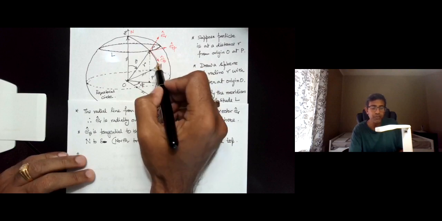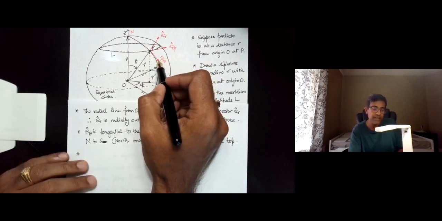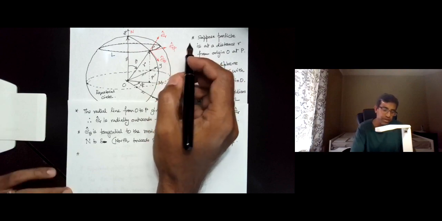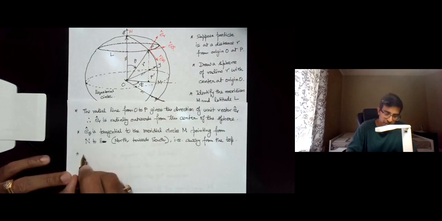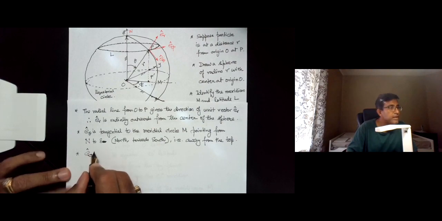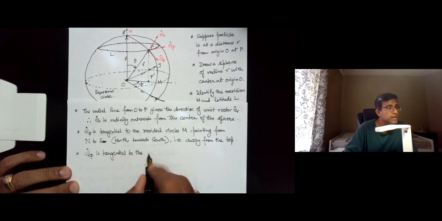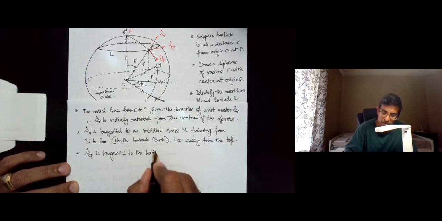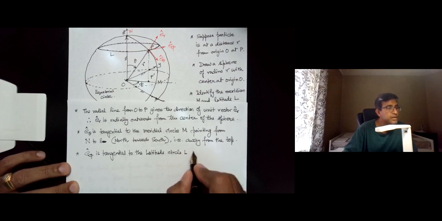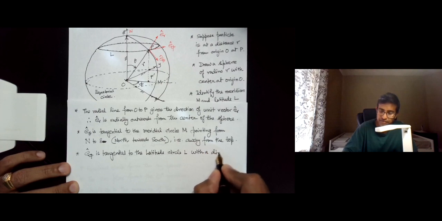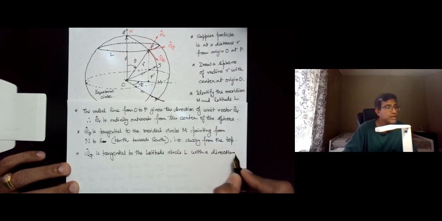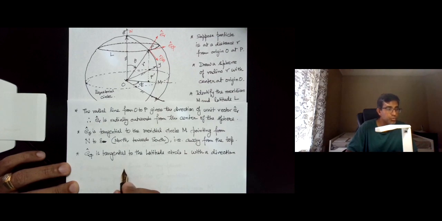So then E phi is also perpendicular to E theta. So therefore E theta, ER, E phi are 3 mutually perpendicular unit vectors. So E phi is tangential to the latitude circle L with a direction forming a counterclockwise circle.